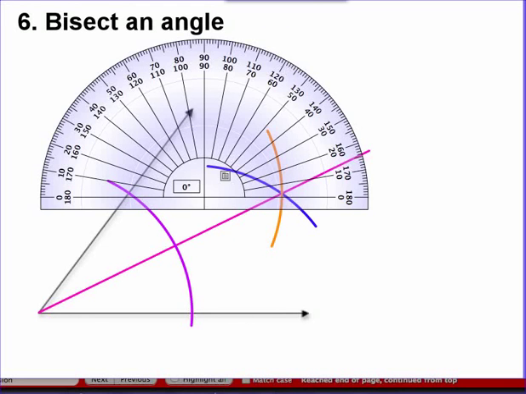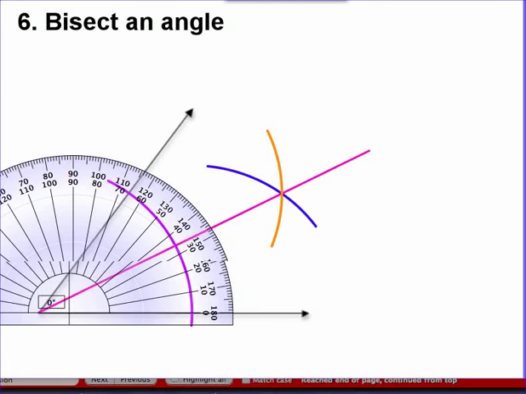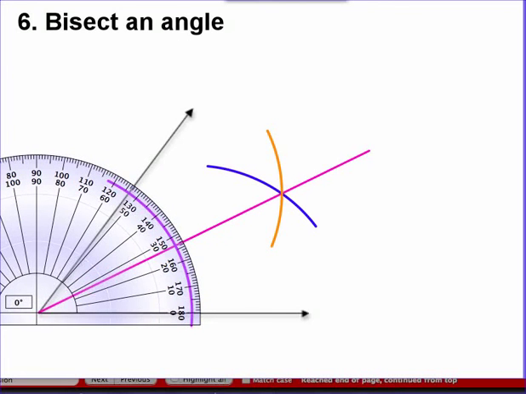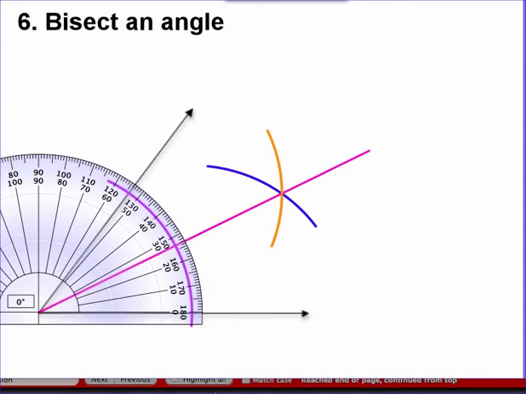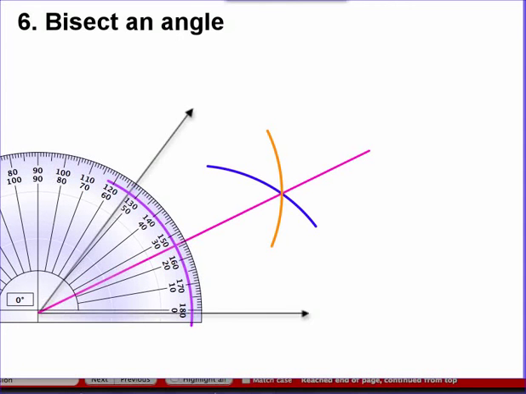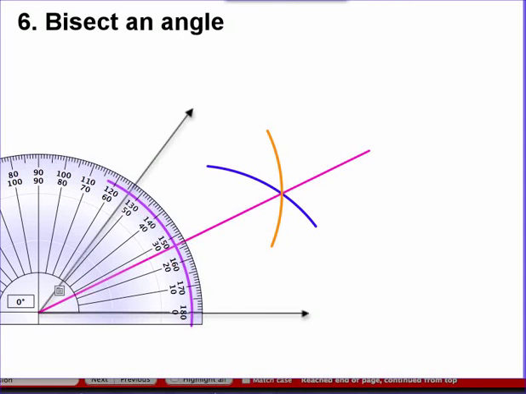I'm going to move my protractor down here, and I'm going to see what the total measure of the angle is. Well, close. It's a little bit off. So it looks like my angle is roughly about 54 degrees.